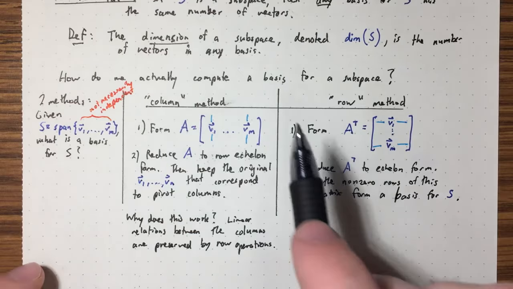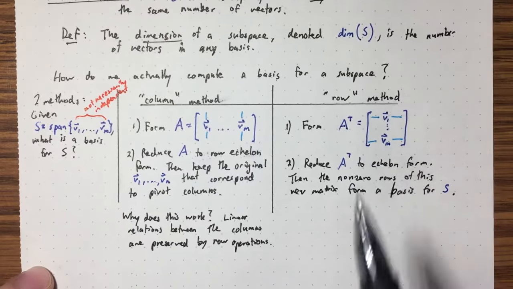I don't want to say, oh, which original vectors do these correspond to? That actually won't work.